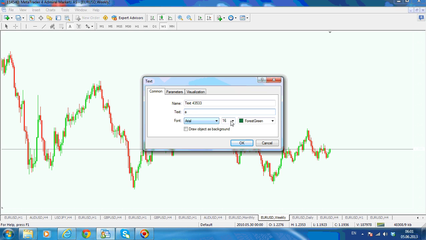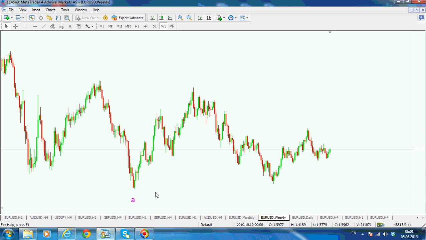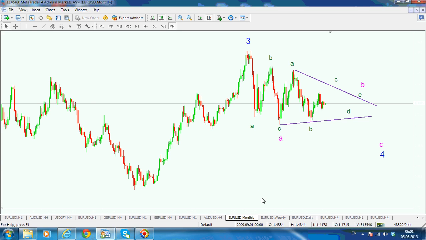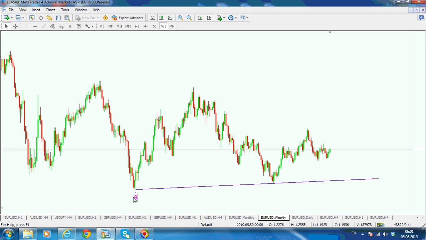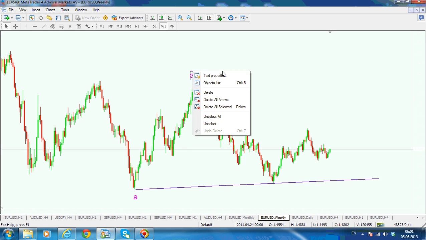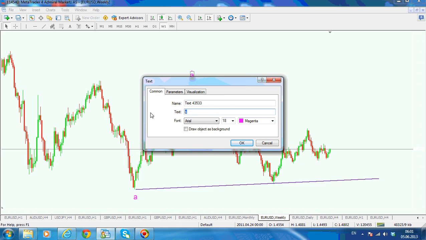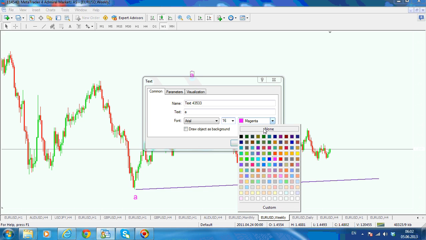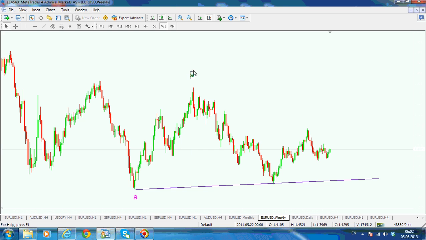So this is the A of this degree, and this would be our lower part of this potential contracting triangle, and you are seeing here the base that I'm looking at, and then this is the A wave to the upside of this degree, and this is the B wave to the upside.